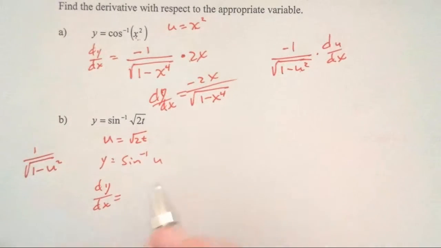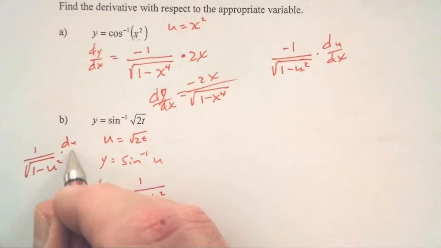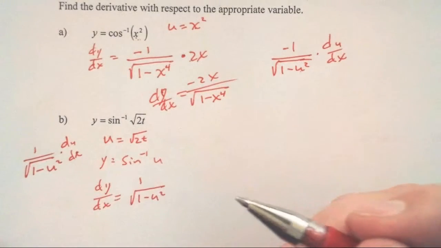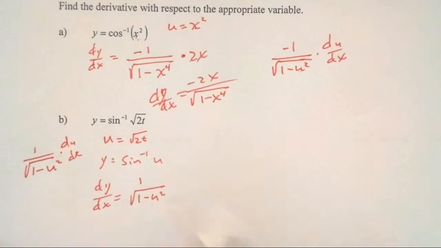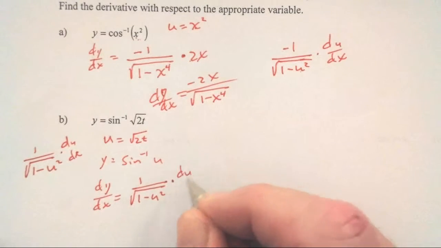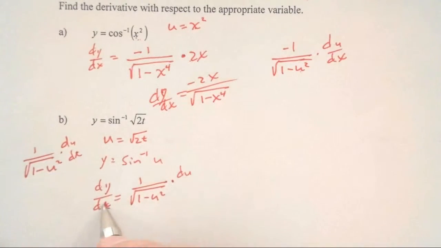It's just this 1 on square root 1 minus u squared, but times du, in this case, would be du dx, du dt. We still have to take the derivative of u here. So du, I guess I'm going to go dy dt, du dt.